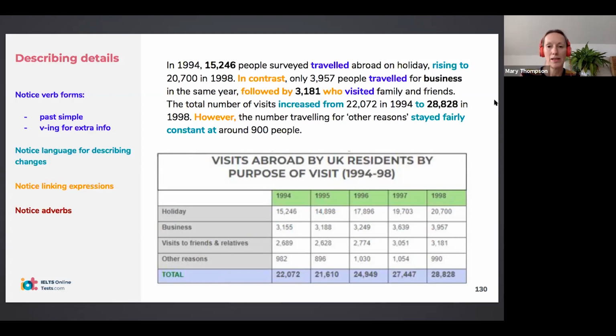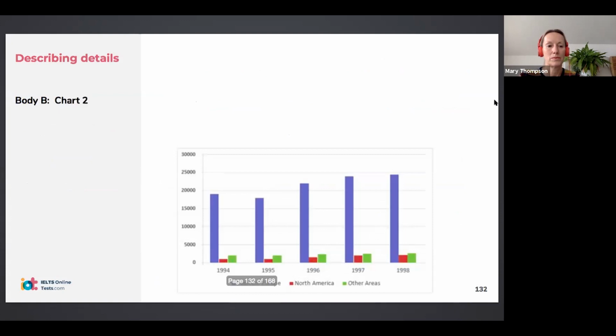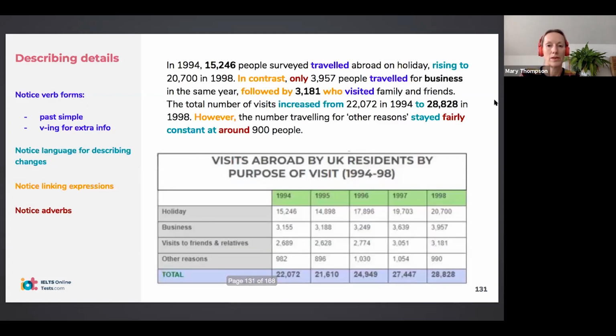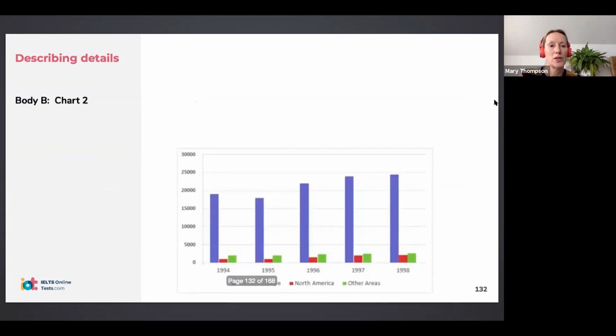Which adverbs can you see? Fairly, yes. Okay, so we've got only, fairly, and around. Okay, sorry, let's just have a quick look at that. Right, so moving on to the next one, so chart 2.